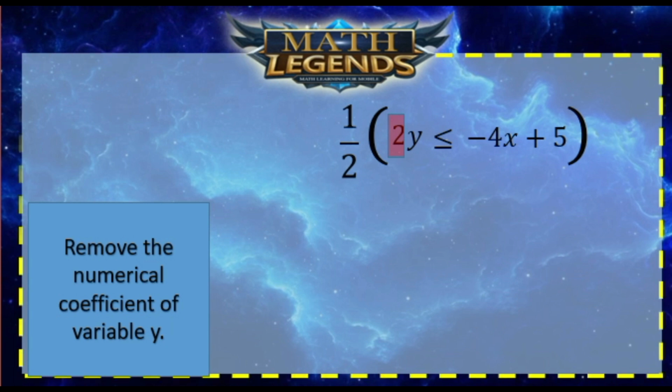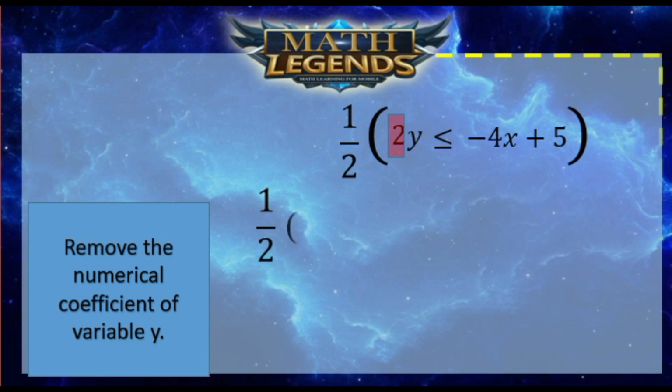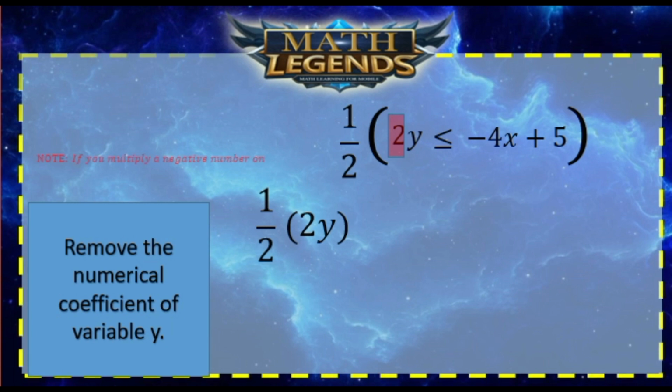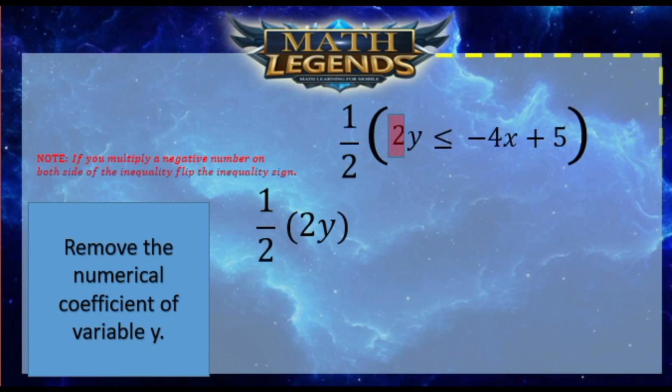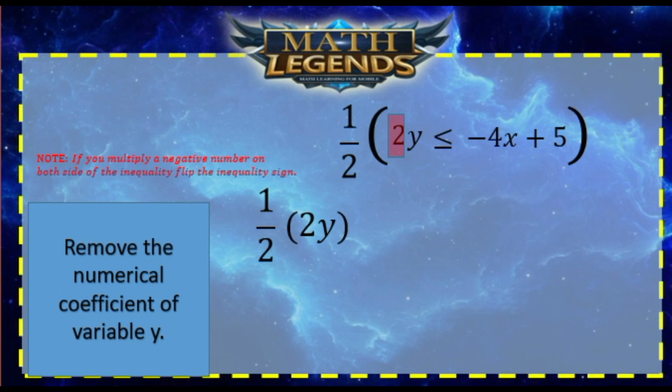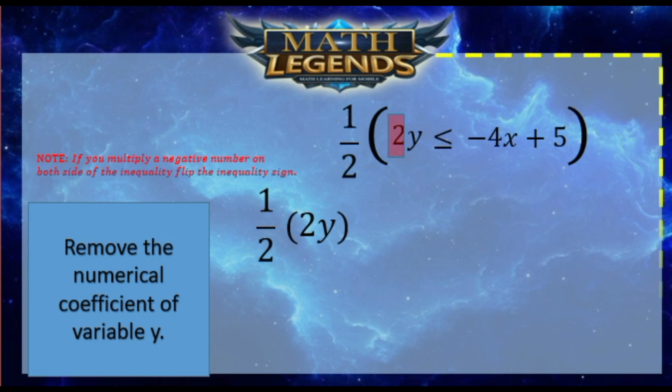So we're going to multiply 1 half times 2y, and for our inequality sign, take note: if you multiply a negative number on both sides of the inequality, we're going to flip the inequality sign. And since 1 half is positive, we're going to retain our inequality sign.